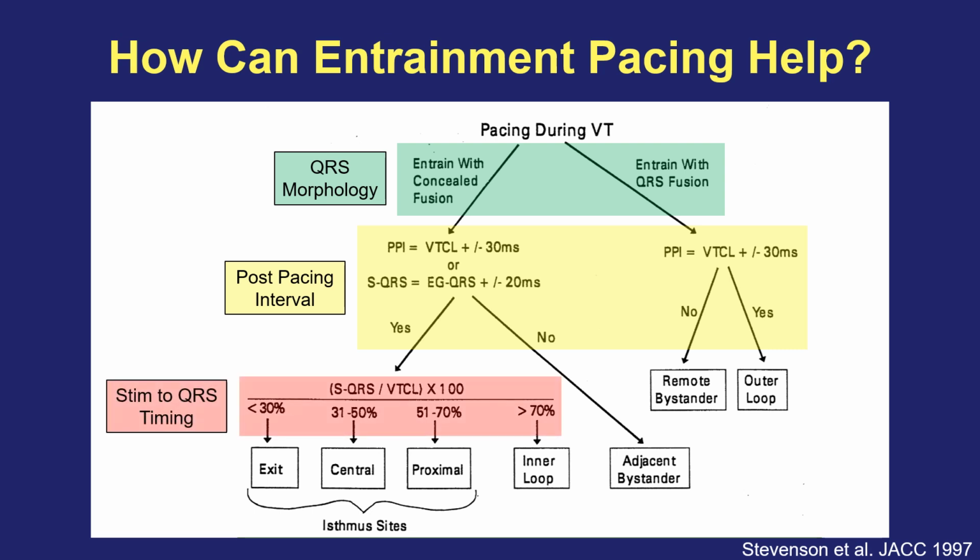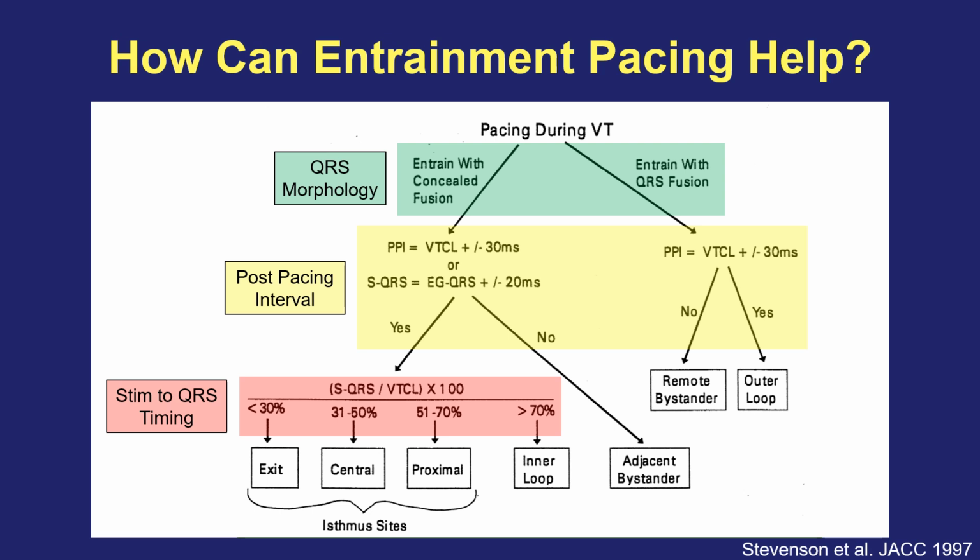And then if those two things are true, meaning your post-pacing interval was the same as the ventricular tachycardia cycle length, and your entrainment showed concealed fusion, the same shape as the VT, you then can figure out where you are in that critical isthmus by looking at the timing from the pacing stimulus to the QRS, whether that's short or medium or long or really long.